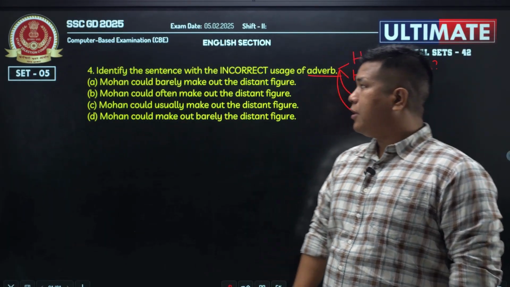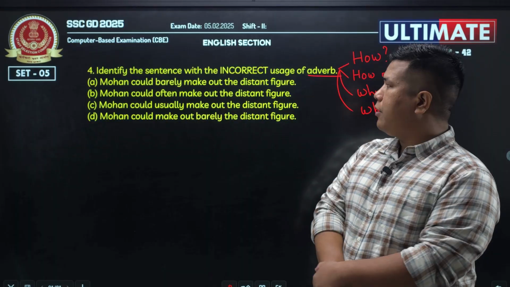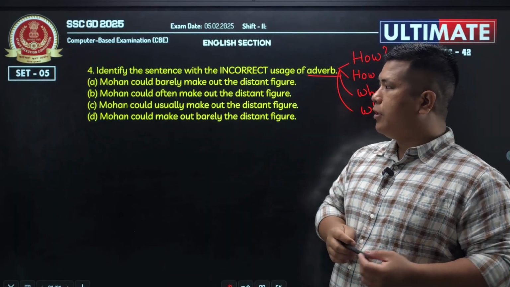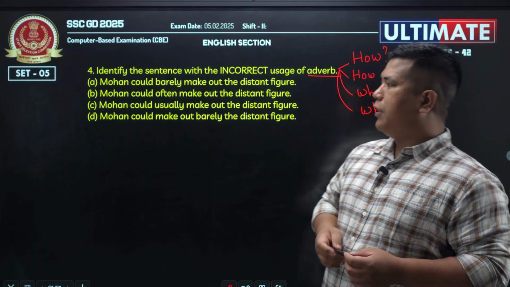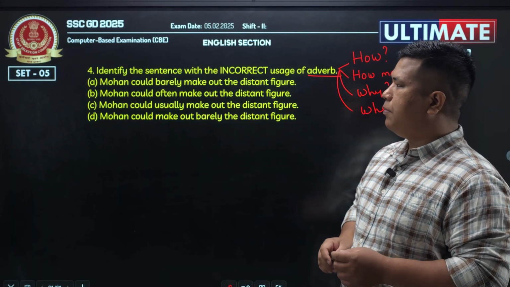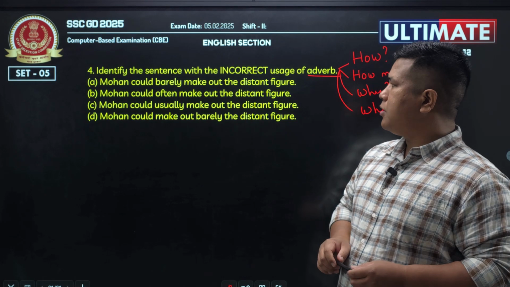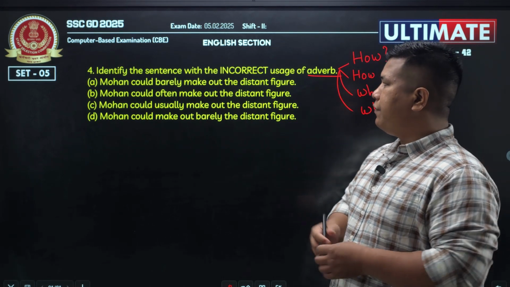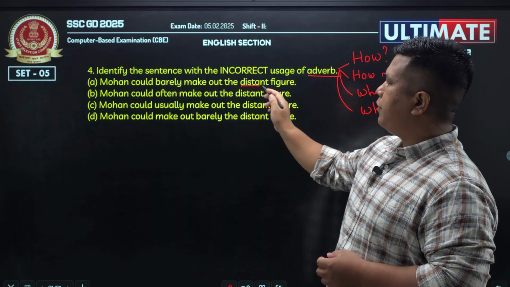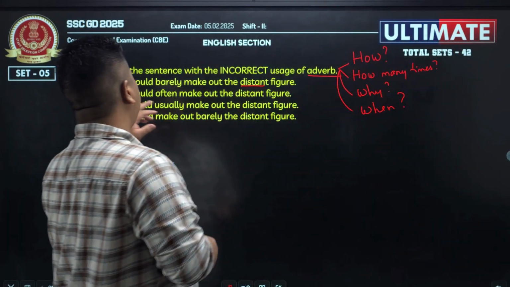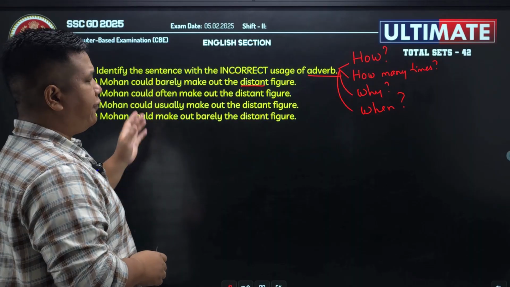So the question says identify the sentence with the incorrect use of adverb. That means there's an error in the adverb somewhere. Let us try to find out the adverb in each sentence. Option A, Mohan could barely make out the distant figure. If you look at this word distant, what question does it answer? If you remove the word distant, Mohan could barely make out the figure.